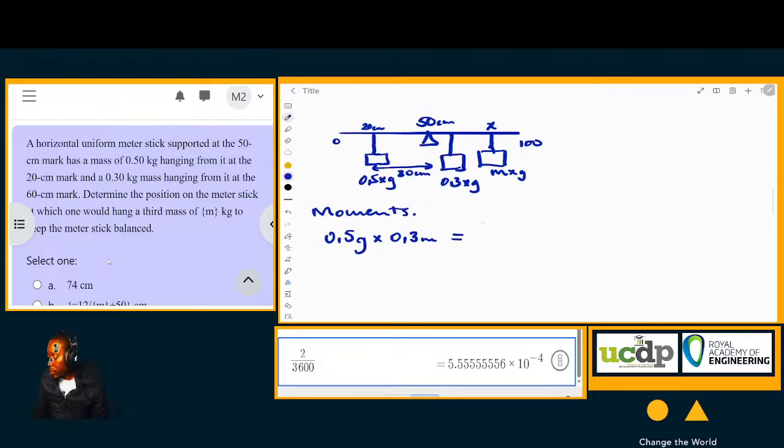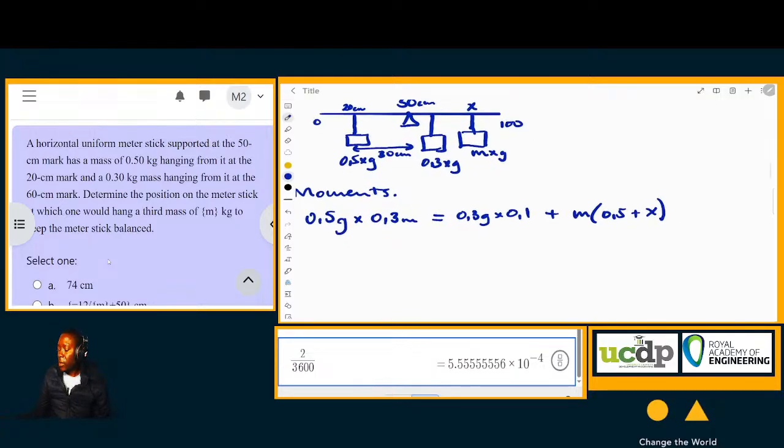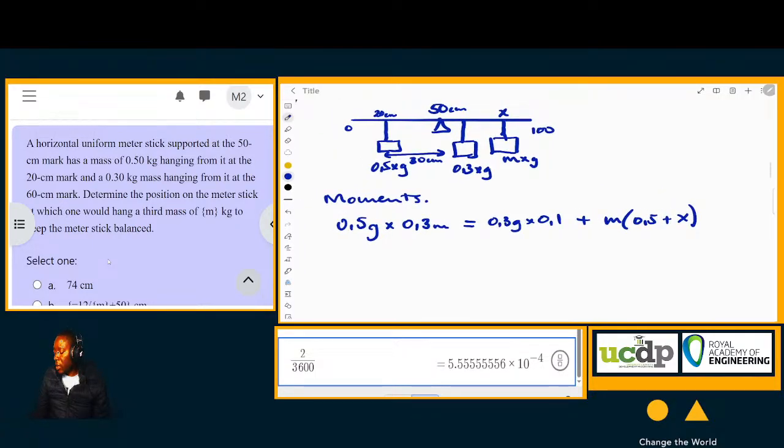This should be equal to 0.3 g multiplied by 0.1 meters, plus m g multiplied by the distance. Why 0.5 plus x? No, it's x minus 0.5. If we want x as the position on the meter rule, then the distance is x minus 0.5 meters.